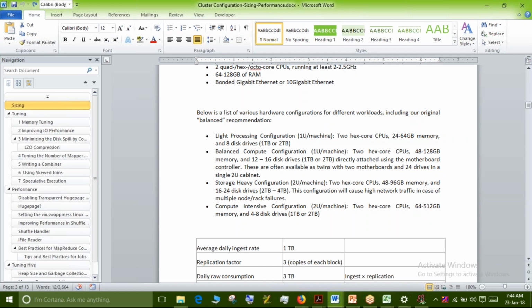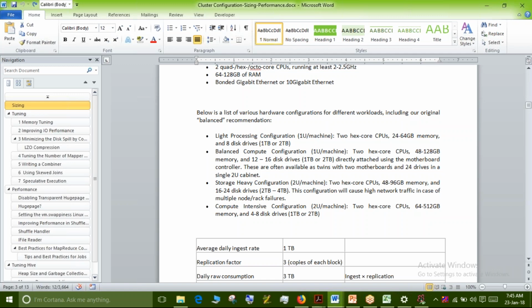For light processing, what is the configuration? For balanced compute, storage heavy configuration, and compute intensive configuration. I have given some details so that you understand. That is where we need to decide here. It is not just blindly done. You need to have that understanding.